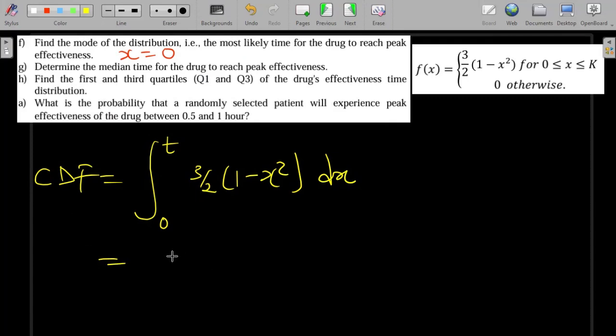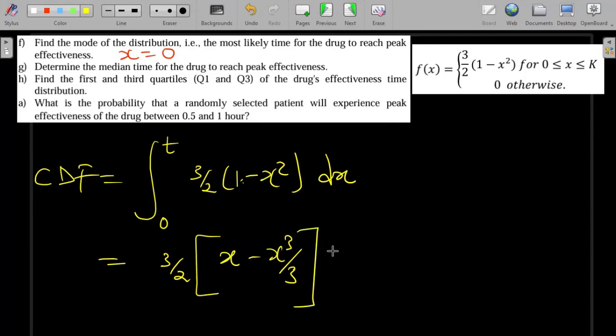When we integrate, we get 3 over 2, and then the integral of 1 will be x, minus the integral of x squared, which will be x to the power 3 over 3. Evaluating from 0 to t, if you put in the 0 you're just going to get zeros.